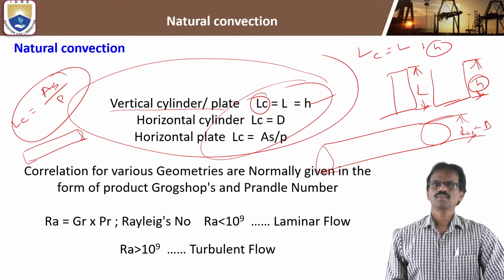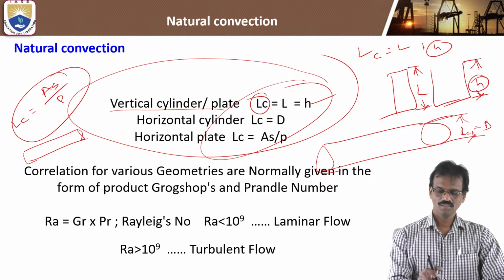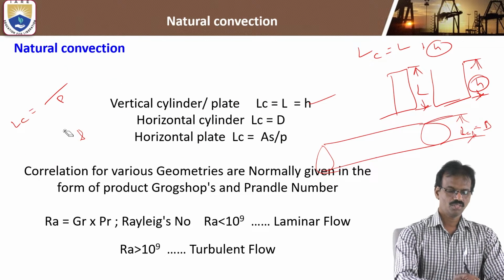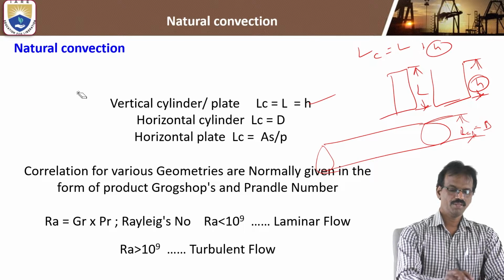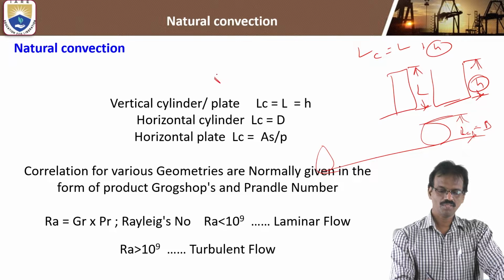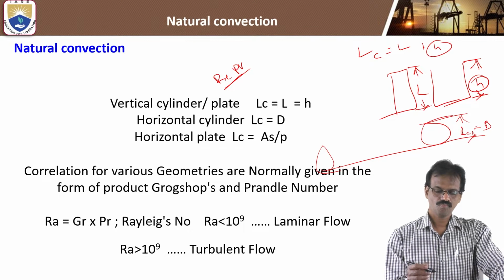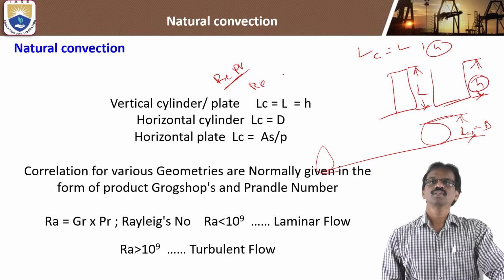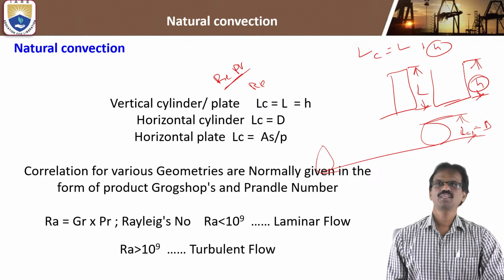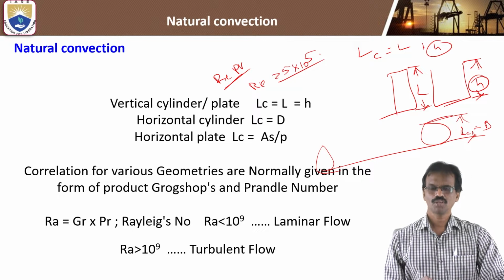Next, identification of the flow, either laminar or turbulent. In forced convection, we identify it by the Reynolds number, no, only the Reynolds number. If the Reynolds value is greater than 5 into 10 to the power of 5, it is turbulent flow.